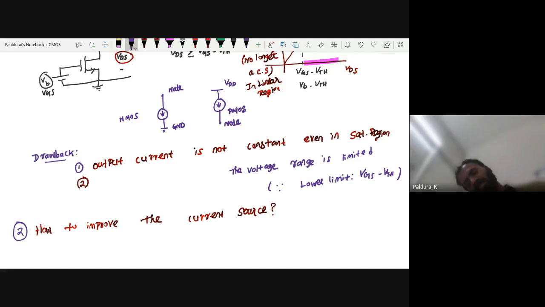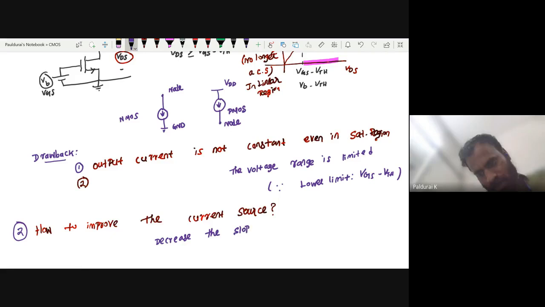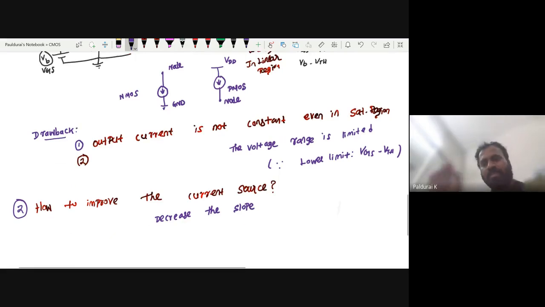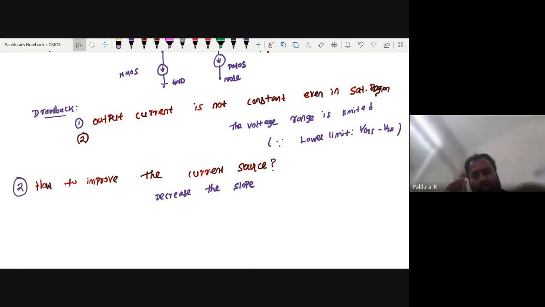Anyone? Is there any idea? Actually the slope increases, right? So I want to decrease the slope. Okay. So far so good. Any doubt? So to improve current source means you want to decrease the slope, correct?